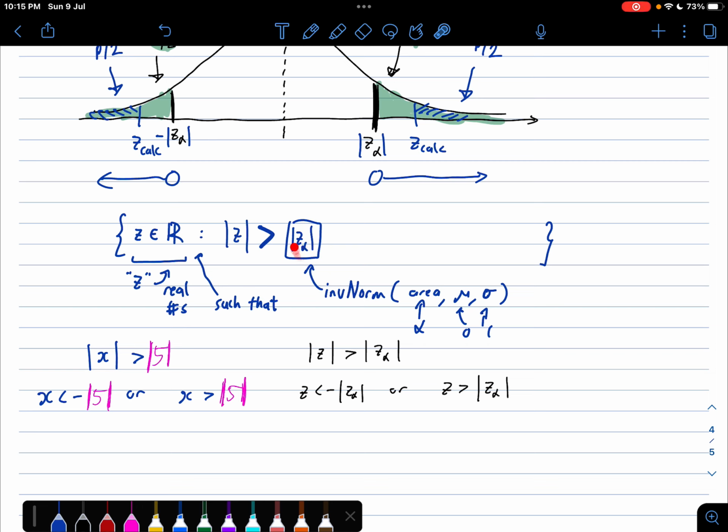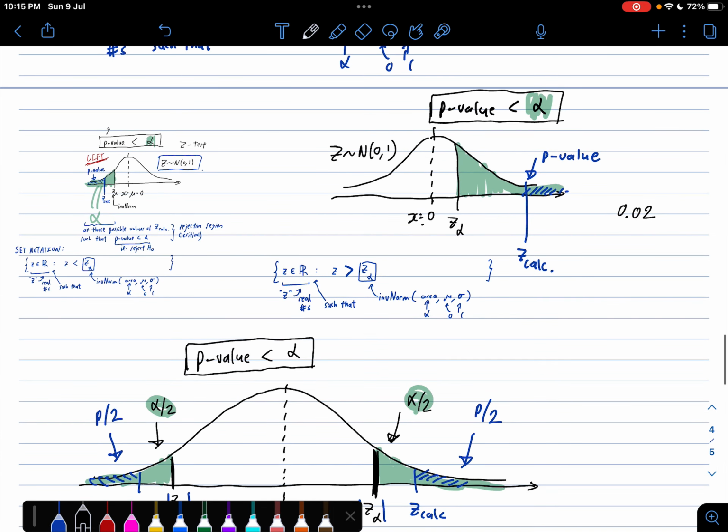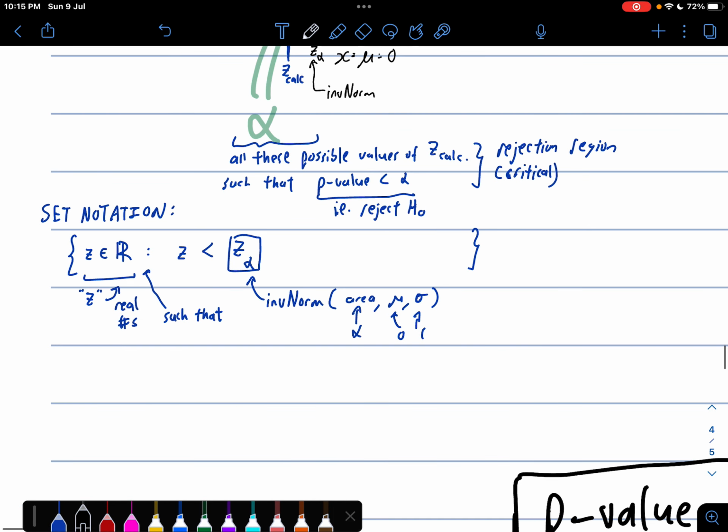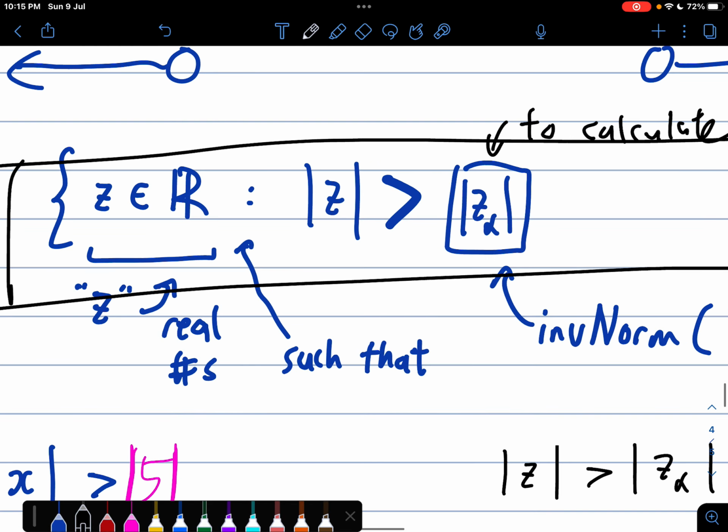You just inverse norm, whatever the given alpha is. The modulus z here is standard notation. This is your answer for the critical region. You just have to calculate what z alpha is and put a modulus there. Likewise for the left tail and right tail, you don't need the modulus. Z less than z alpha, z more than z alpha, and then modulus z more than z alpha.